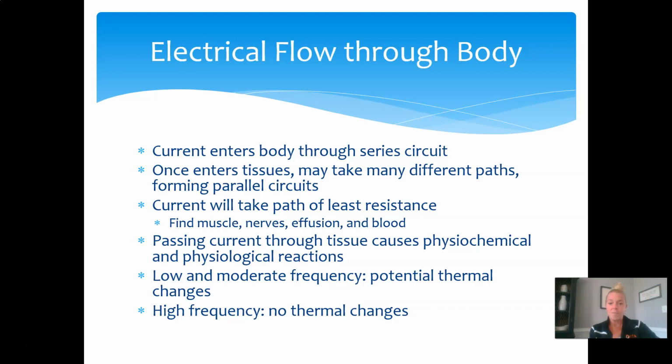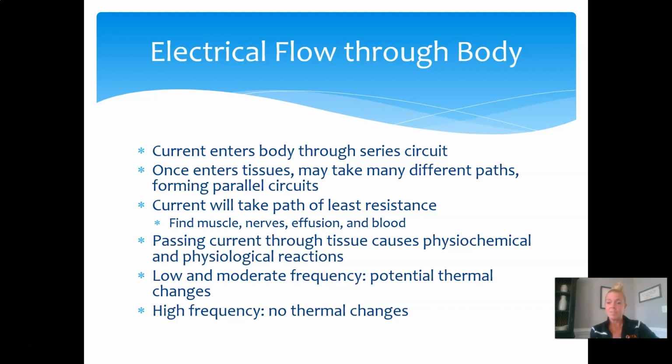There will be some physicochemical and physiologic reactions when you pass electricity through the tissue. If you're using a low or moderate frequency, that means very low pulses per second. That can mean that you almost feel a pulsating with the current. There can be some potential thermal changes with that as well. When we use high frequency, which again, remember, meets less tissue resistance, there are typically no thermal changes associated with that.